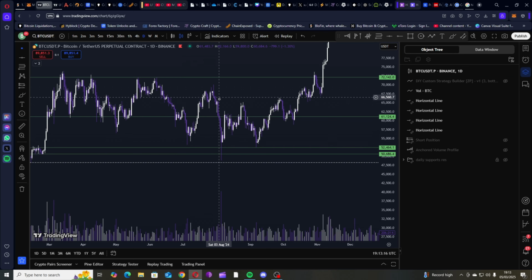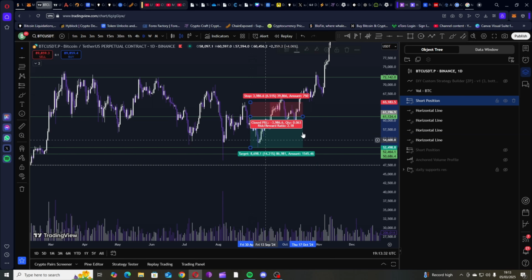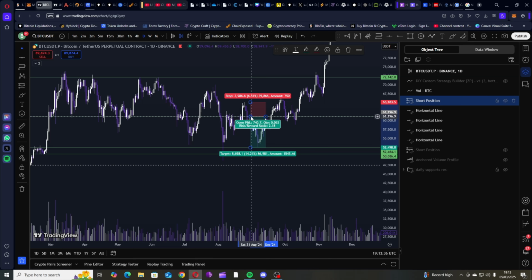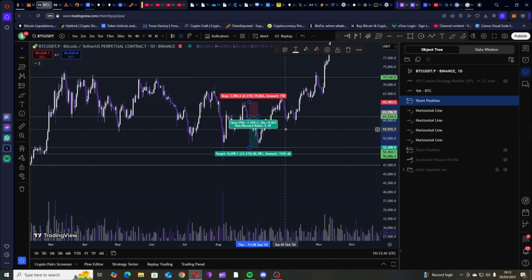So it's a fake out, it's a retest, another fake out, retest, and you take a short there. So all you're doing with these zones is using them as levels of interest. Look, another great trade there. And that trade didn't even take that long. What did it take? 7 days.